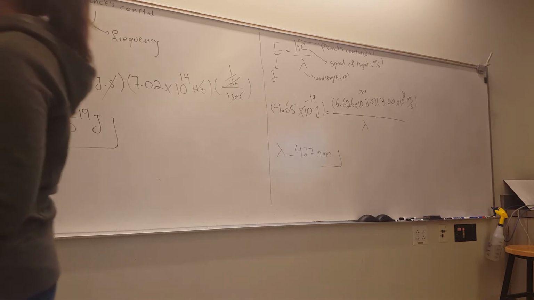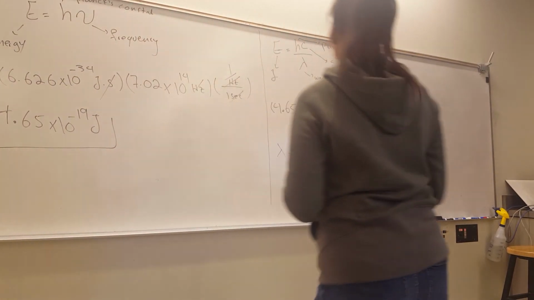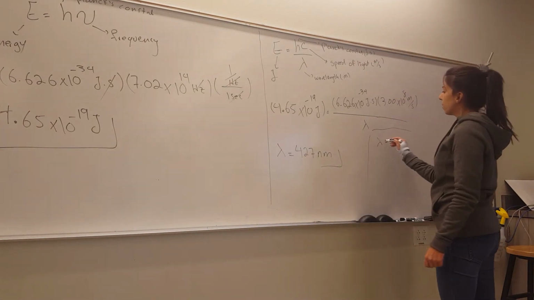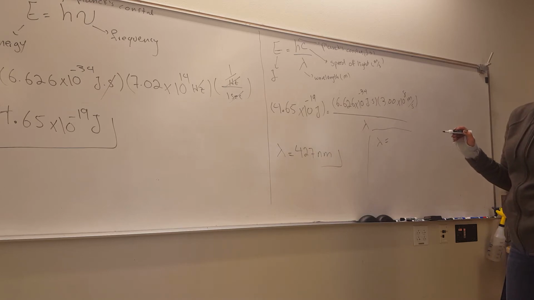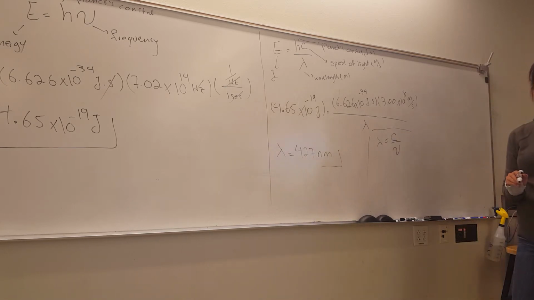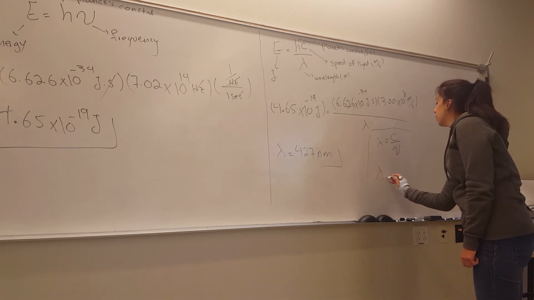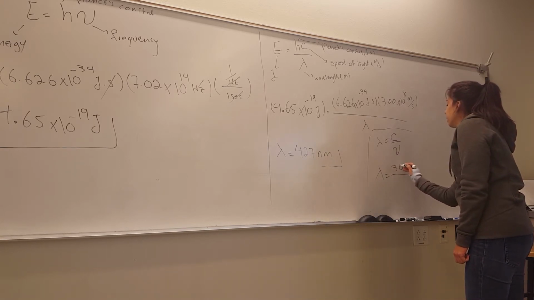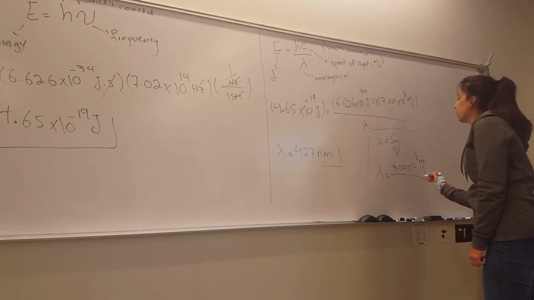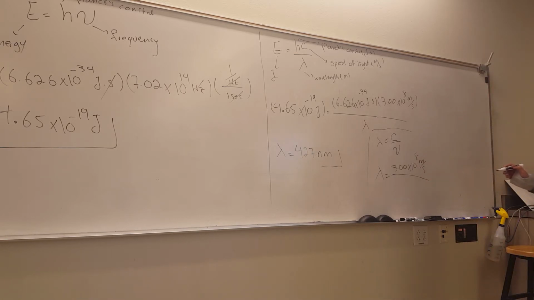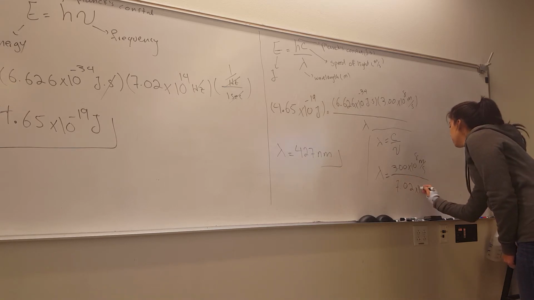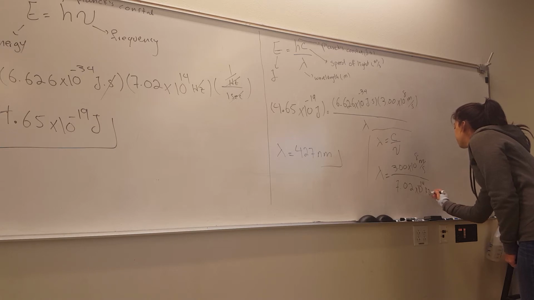The other way you could solve for lambda is by using this equation. Look on the other side of the board. Lambda is c over nu. So you could try 3 times 10 to the 8 meter per second over our frequency, which is 7.02 times 10 to the 14 hertz.